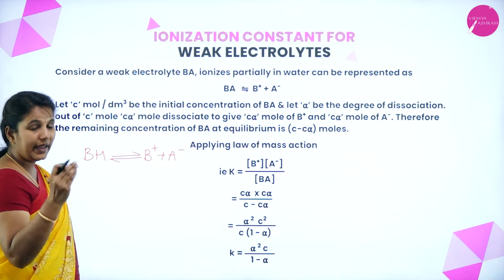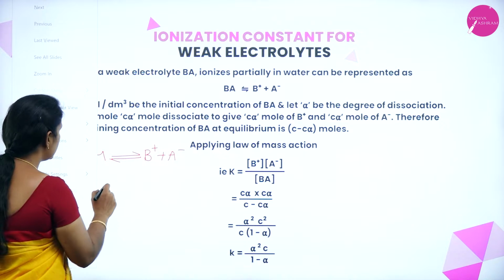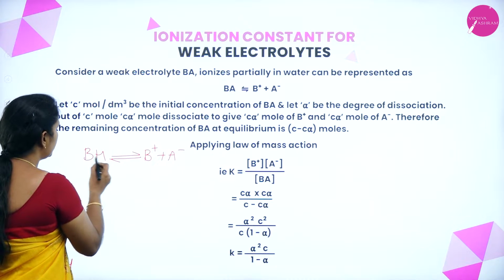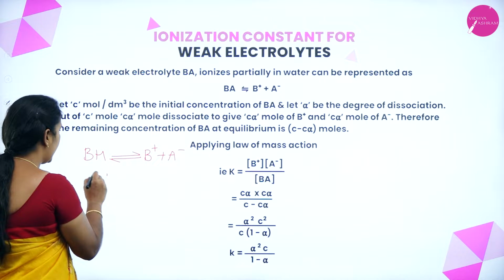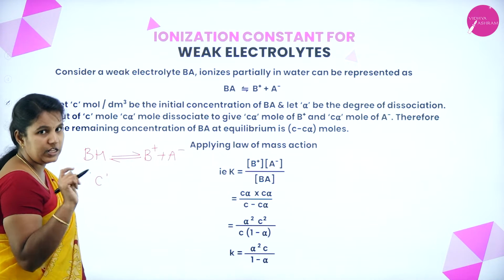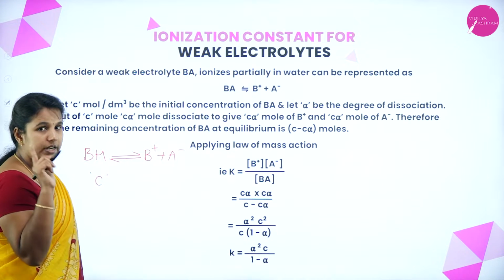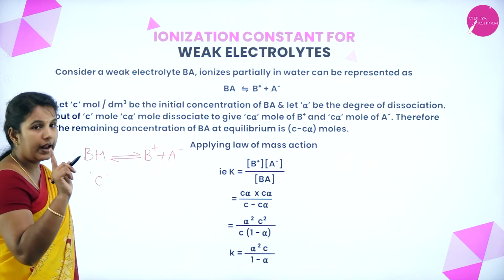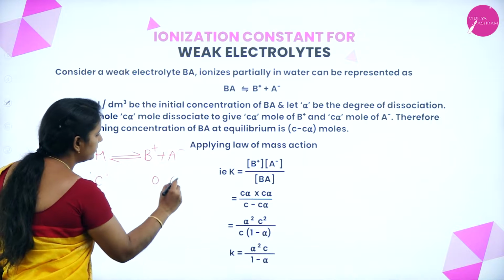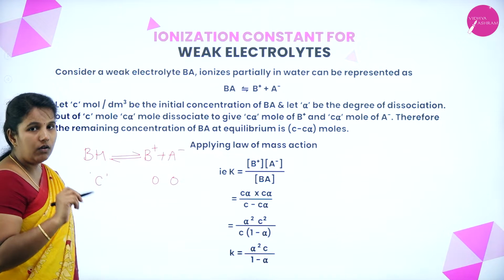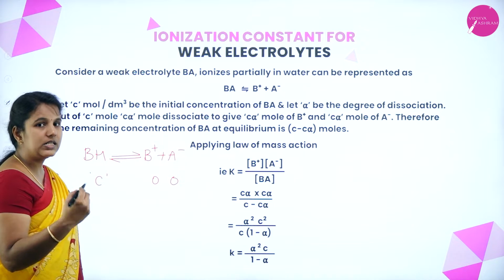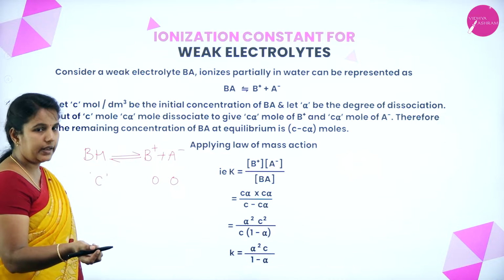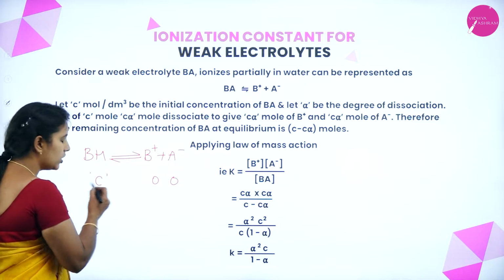Now, at the initial stage, I'll consider the concentration of my weak electrolyte as C. At the initial stage, we all know that only the reactants will be there at equilibrium and the products are not formed. Correct? Now, when the reactants have started dissociating, what will happen to the concentration?